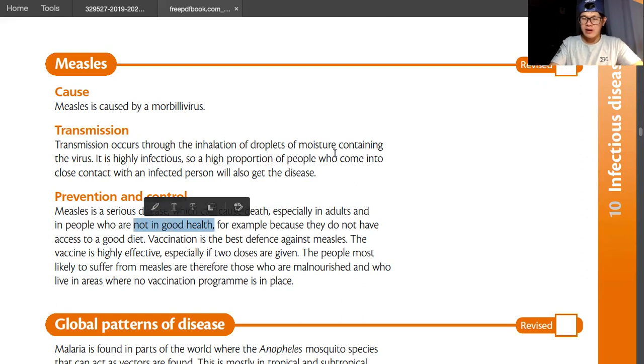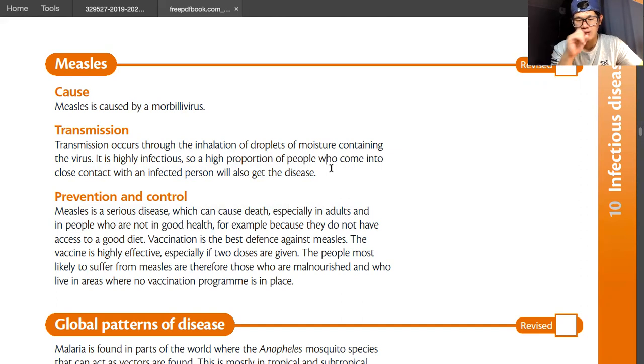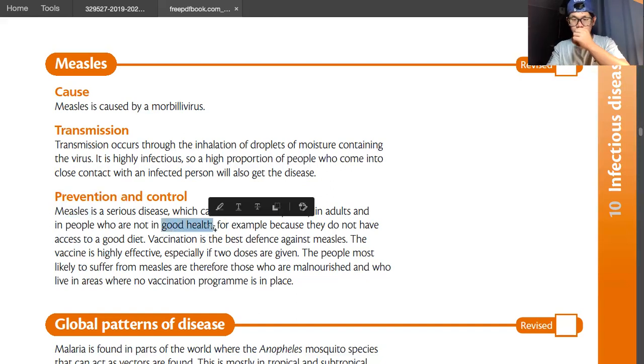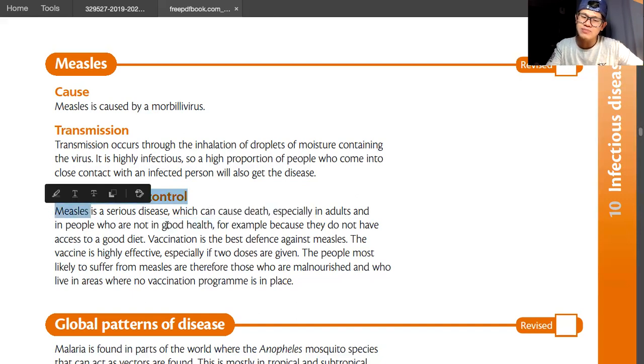So people who easily fall sick, people who do not eat well, do not eat fruits, do not eat vegetables, do not exercise whatsoever, not having access to a good diet and good lifestyle, and therefore they are much more prone to getting these viruses, getting measles. Okay, but if you are in good health, you would be more resistant towards this virus, towards measles.